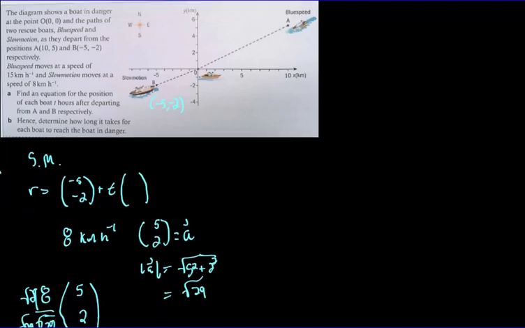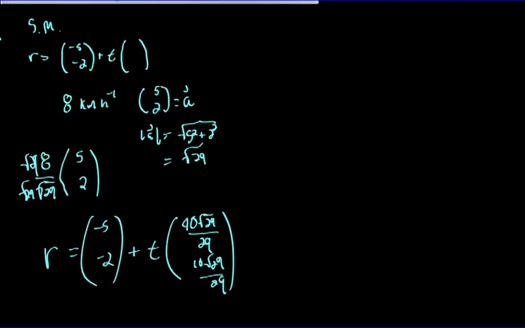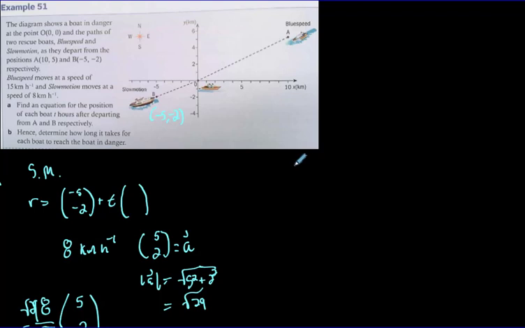But now we need to do it for Blue Speed, right? Blue Speed was this guy up here. We'll call it Blue Speed, right? And its vector equation is going to be, it's starting at the point 10, 5, right?